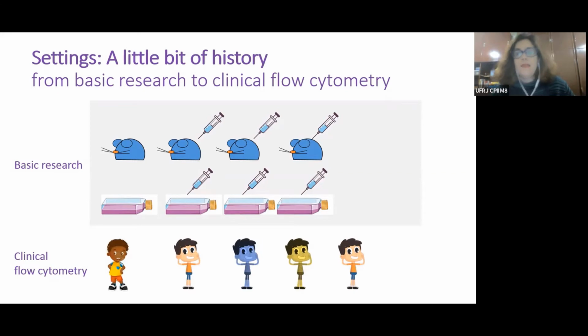In clinical flow cytometry, when we have a normal control, not necessarily does this person have the same genetic background as our patient. When we have our patient in different conditions, it does not occur at the same time.